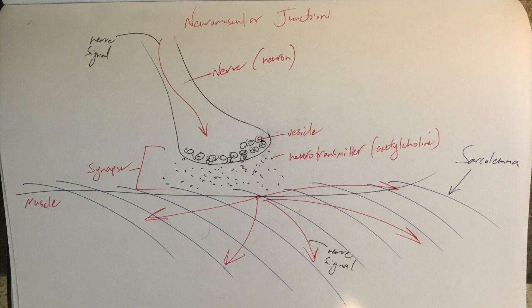Now, this interface between the nerve and the muscle, so if this is nerve and this is muscle, it's really a single neuron, and this is a muscle fiber. The junction between those two guys is called the neuromuscular junction.